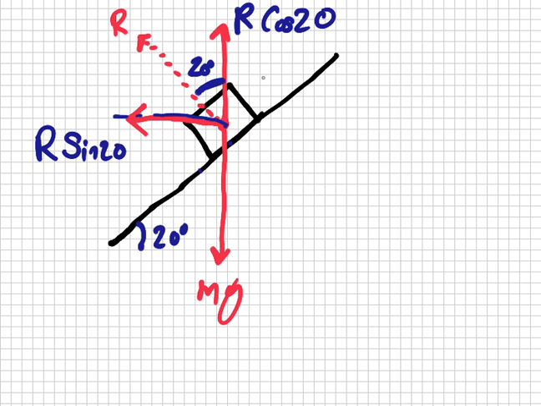But I'm not even sure about that. We need to think about this carefully. I remember doing a problem like this a long time ago. I'm happy with the R and the mg. The only problem is what way to draw the friction.